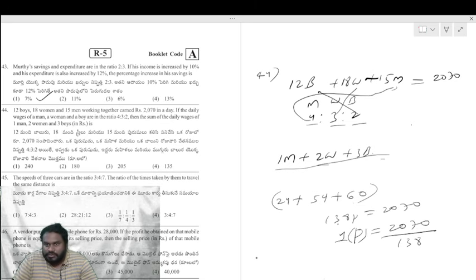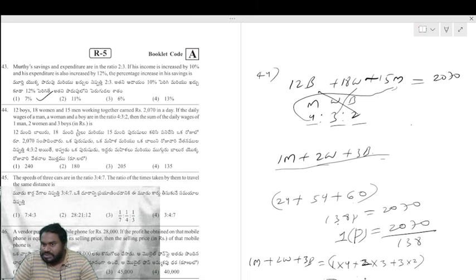So now 1 man plus 2 women plus 3 boys equals 1 into the man's value 4, plus 2 into 3 for women, plus 3 into 2 for boys.